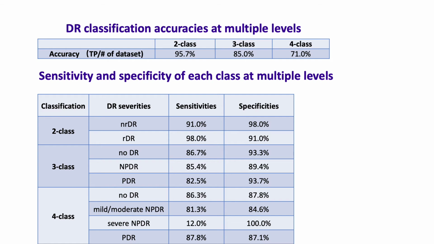We evaluated the overall prediction accuracy, which is the number of correctly predicted cases divided by the number of the whole dataset, and found the best accuracy is on the 2 class level. This 95.7% accuracy is comparable to the reported accuracy based on fundus photo.